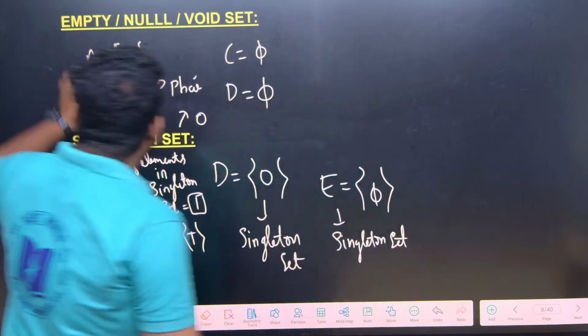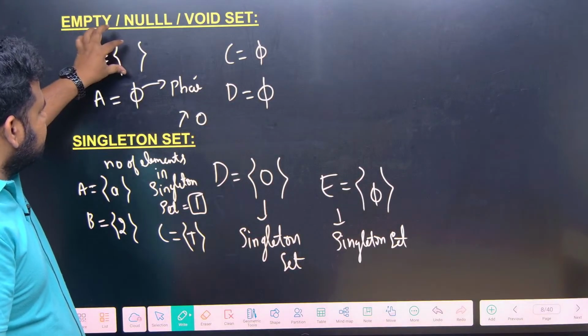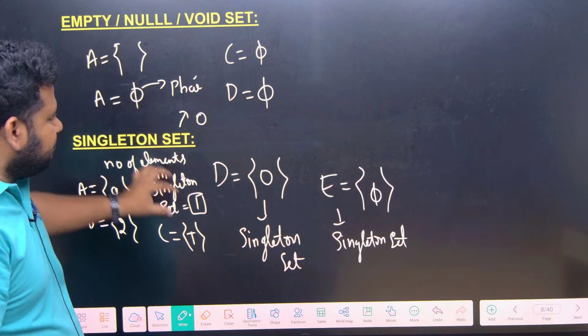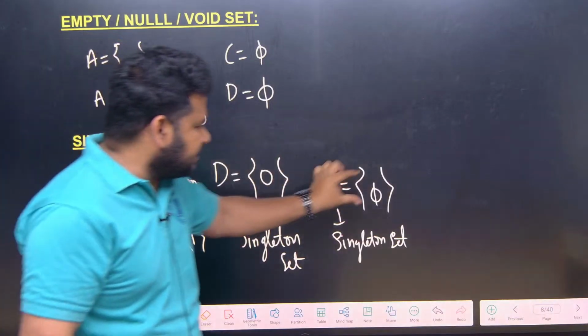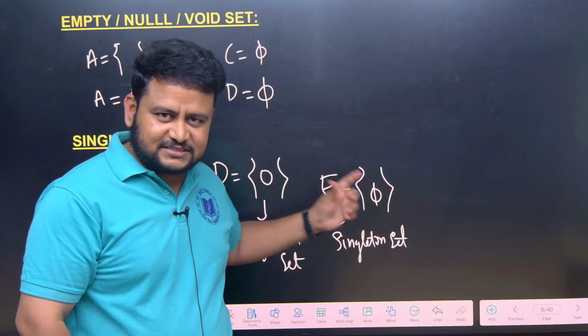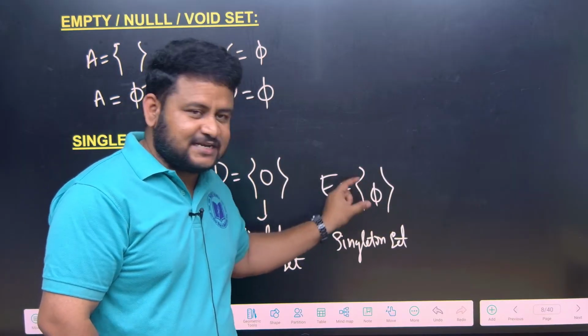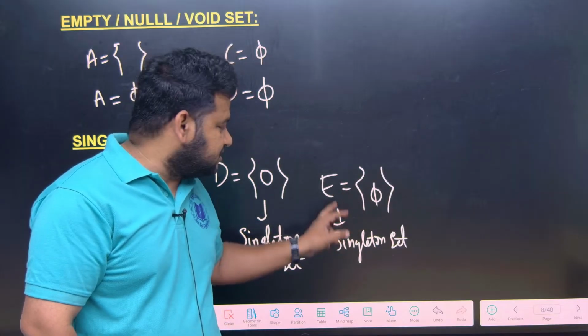If I write set A with nothing inside, that is a null set, represented by phi. But if I write phi inside the flower bracket, then phi is an element. So the number of elements is not 0, it is 1. So this is a singleton set.